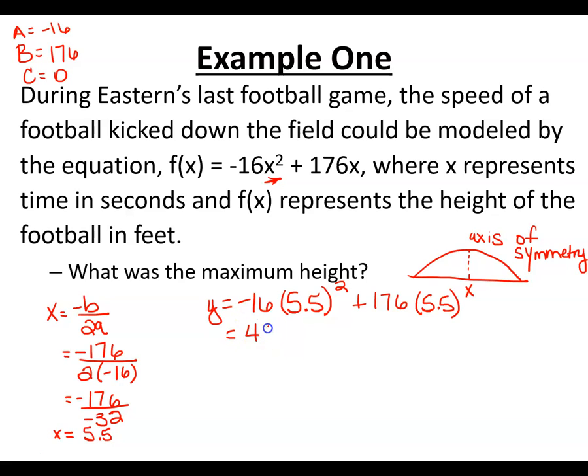When we put that in our calculator, we should get 484. So that ordered pair is 5.5 for x and 484 for y.